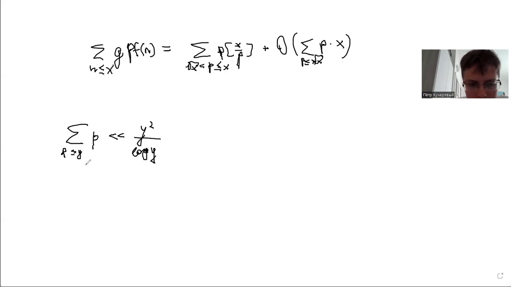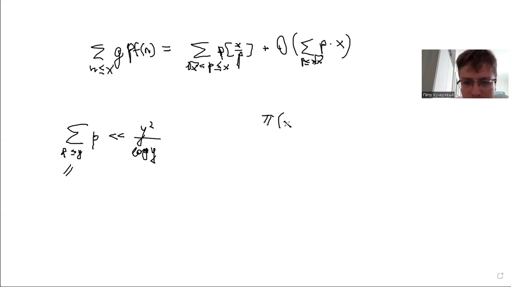And I want to say that the lower bound is the same, just the constant is different. So you proved some upper and lower bounds for the number of primes.